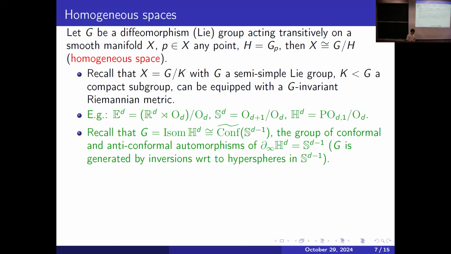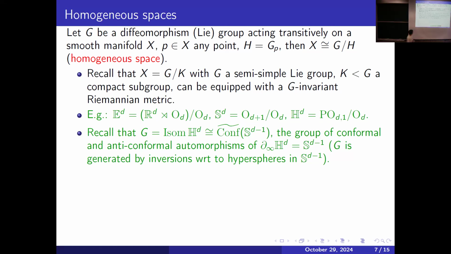Those reflections act on the boundary as inversions with respect to hyperspheres, right? Geometrically, we have a hyperplane, it intersects the boundary in some hypersphere, a sphere of codimension 1, and the action of the reflection on the boundary gives precisely the inversion with respect to this hypersphere of codimension 1.